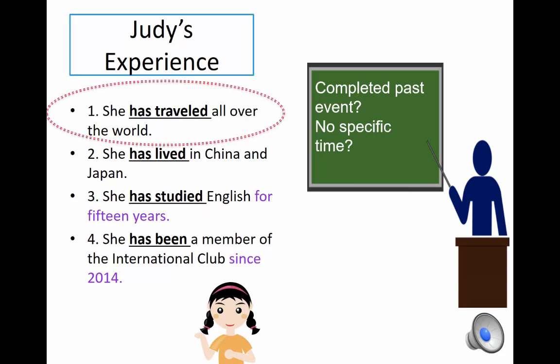Yeah, there's one. She has traveled all over the world. We don't know when, and it's not important. What's important is her experience. Yeah, she has lived in China and Japan. We're talking about an event in the past with no specific time.